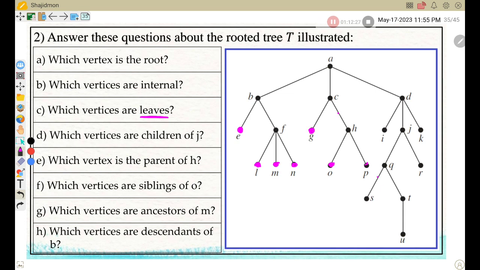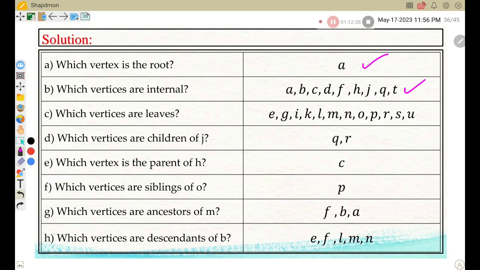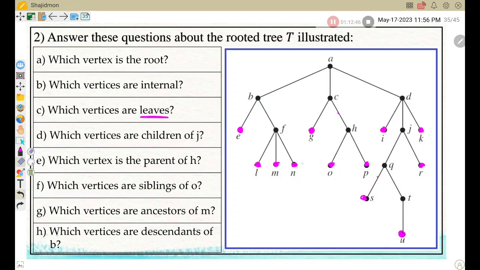G, O, P, I, K, R, S and U. These are the leaf vertices, correct? So we can write the answer here: E, G, I, K, L, M, N, O, P, R, S, U. These are the leaves. Leaves means terminal vertex. Keep in your mind, leaves or terminal vertex. Okay, these are the leaves or the terminal vertices.